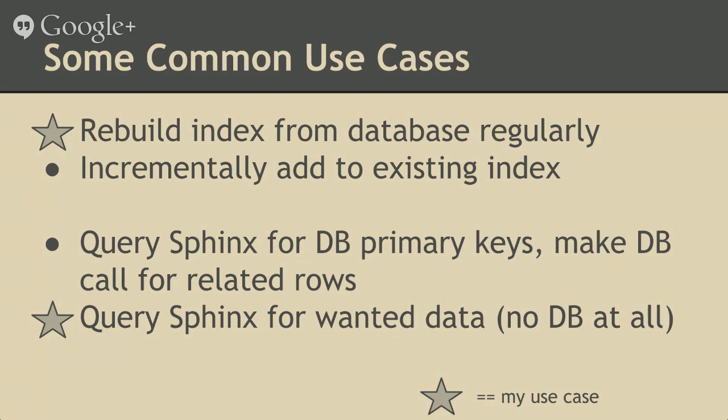You're getting the IDs that match that join based on your search criteria, and then you'll make a pretty simple query to the database to get more information. That's what you would tend to do if you're pulling in matches that have a lot of related data. In my case, I'm not doing that. All the data that I need is already in Sphinx, and the only thing I'm using the database for is to keep persistent data that I want to archive.